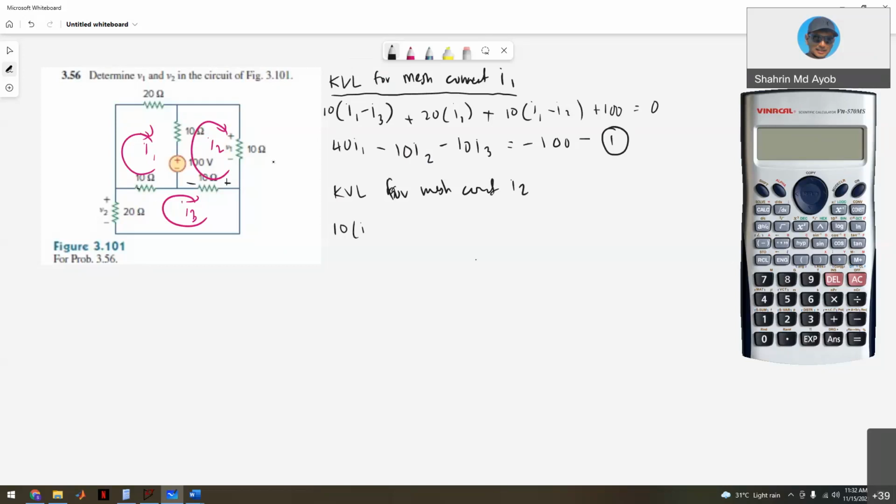So 10 I2 minus I3, and then negative 100 plus 10 I2 minus I3 plus 10 I2, equal to 0. So this one 30 I2.